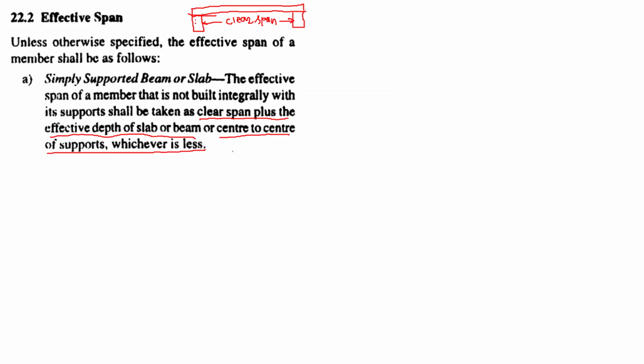So if B1 is the width for this support and B2 for this, then we have clear span plus B1 by 2 plus B2 by 2, or clear span plus effective depth D. This we have to consider first, and then check for the second. So this we have already seen.